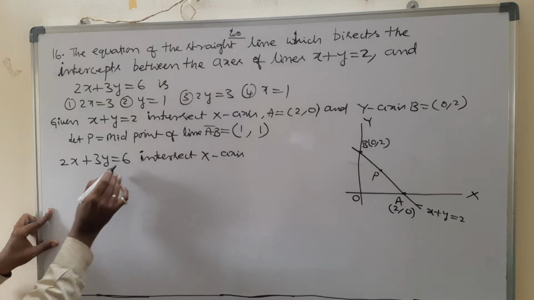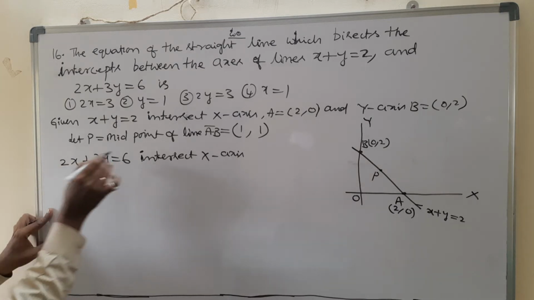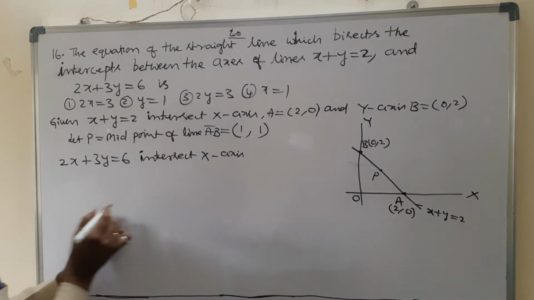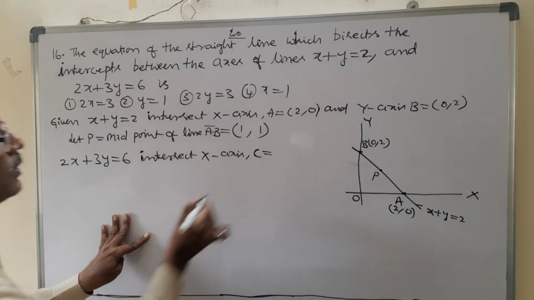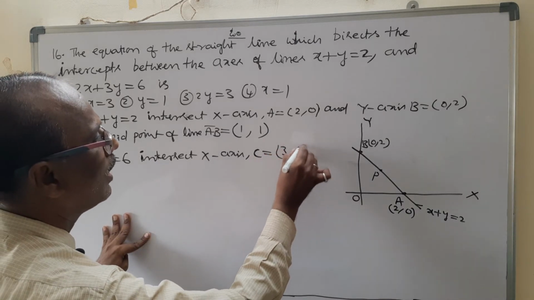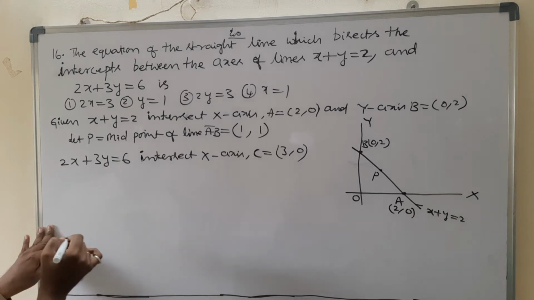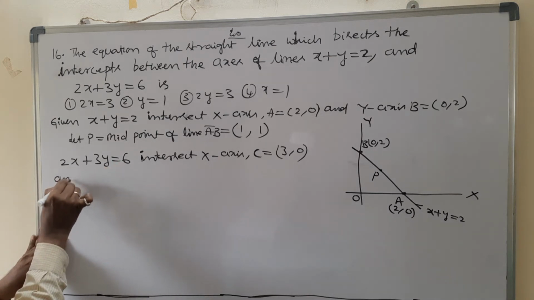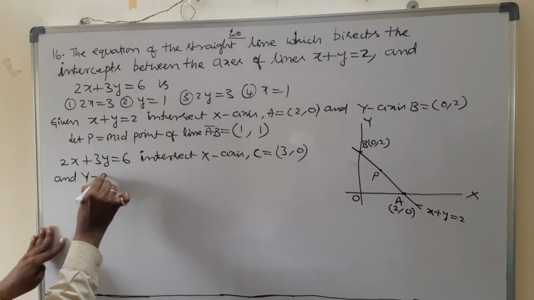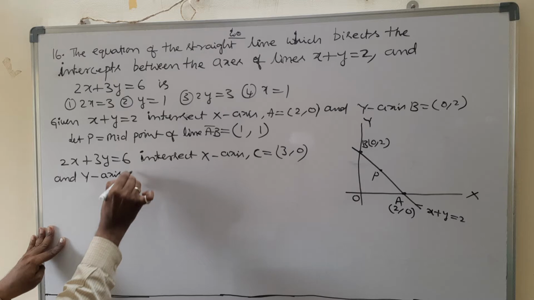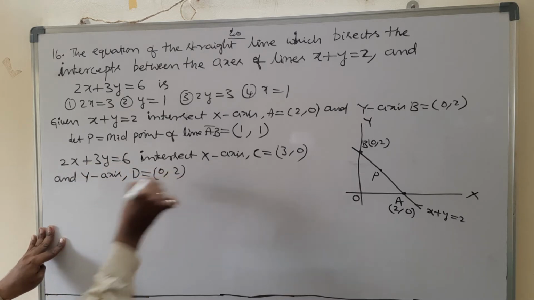Let it be C. Here, to observe, in one step directly divide by 6: 2 by 6 is 1 by 3, so the x-intercept is 3. On the x-axis that point is C, the x-intercept (3, 0). And the y-axis intercept: it cuts the y-axis at D. 3 by 3 is 1, 6 by 3 is 2, so (0, 2).